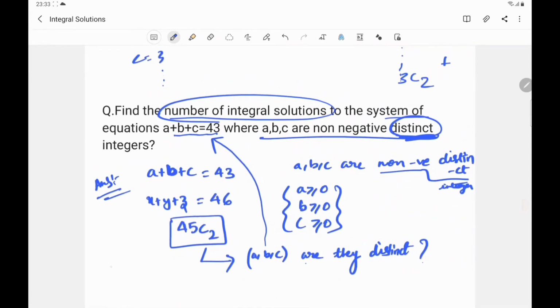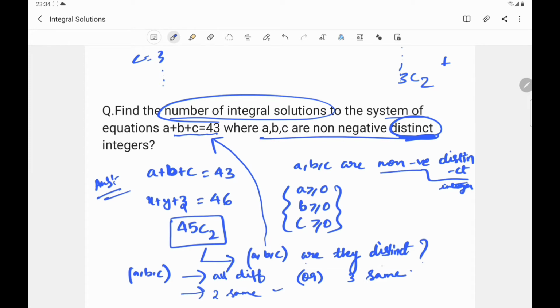There will be three cases in this triplet a, b, c: all different, or two same, or three same.